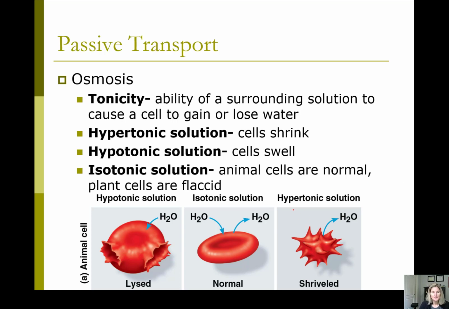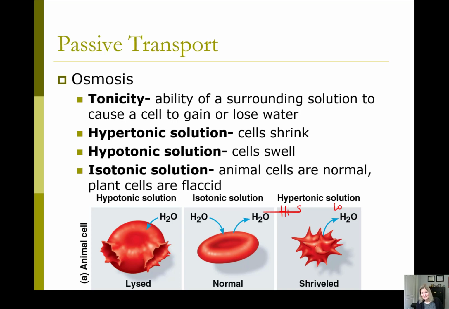So we're talking about hypertonic solutions. Think high amount of solute, not water, solute. So we have high solute, low water outside of the cell. Since we have a high amount of solute and a low amount of water outside the cell, the water inside the cell is at a higher concentration. So what's going to happen to that water?